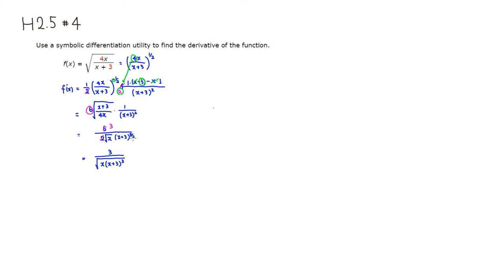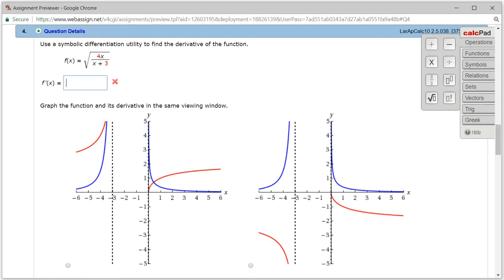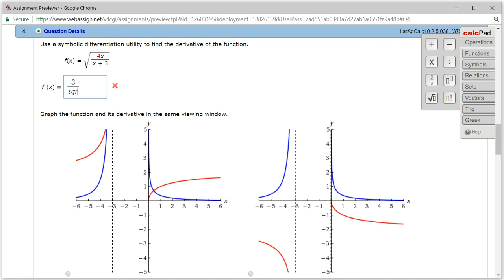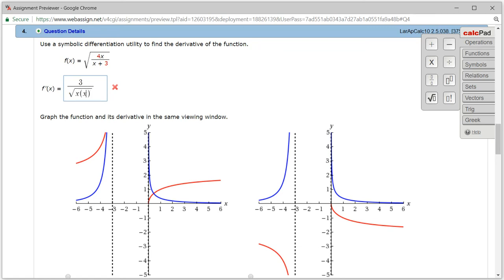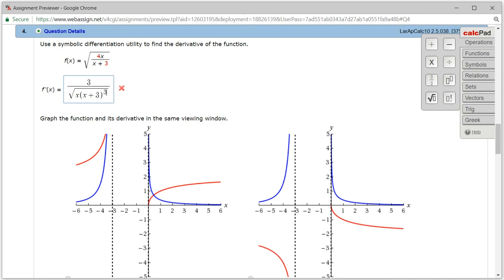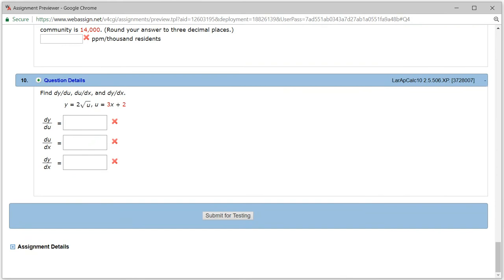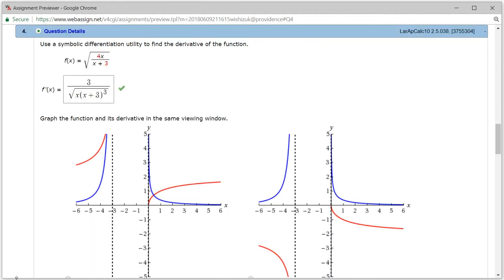Alright, so let's type it in. It's going to be 3 over the square root of x times x plus 3 cubed. Let's check the answer. Submit for testing. Alright, it came back and looks like we got the derivative correctly.